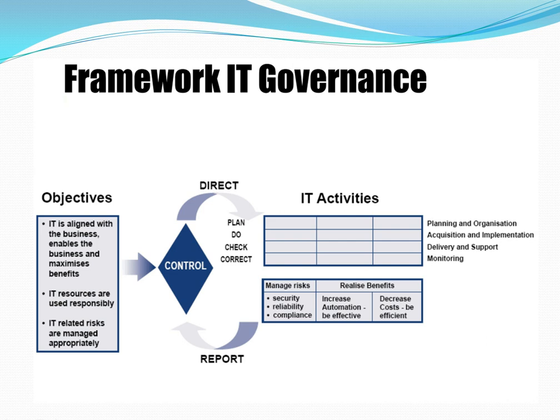Then let's look at the report aspect of it, because the control should be on direct and also on the report. Now, the report should be on risk management. There should be a report to show that, look, IT is secure, IT is reliable, and IT complies with the set rules and objectives. The report should also include realized benefit in terms of increase in automation. How is it effective in helping the business?